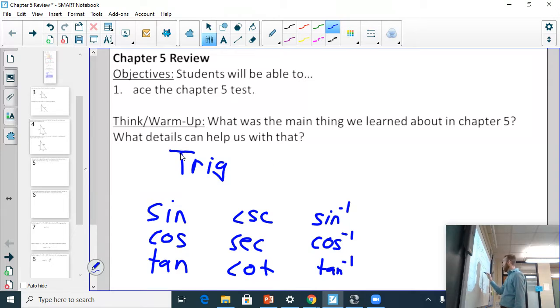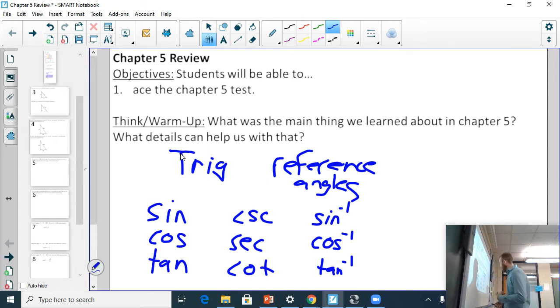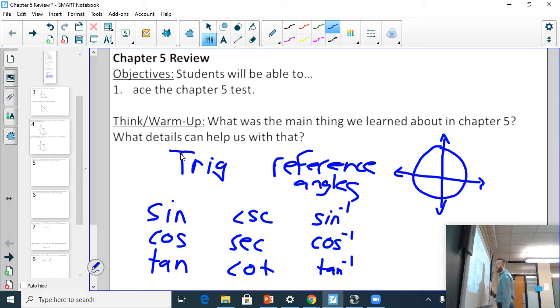And we had reference angles, everything revolves around reference angles, right? We had the law of sines, Pythagorean theorem, law of cosines, all of this type of stuff, but it all revolved around trigonometry. We had the unit circle to help us with that, and other things like that.